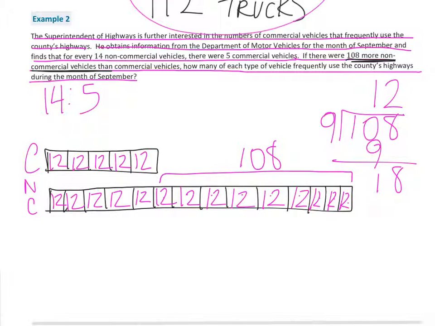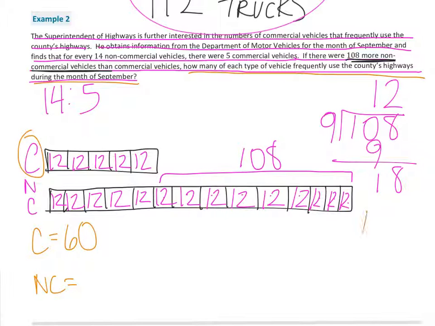So it's asking us how many of each type of vehicle uses the county's highway during September. So that means for here, for the commercial, we need to do 12 times 5, which we know from times tables equals 60. So commercial equals 60. Non-commercial, we need to do 12 times 14.